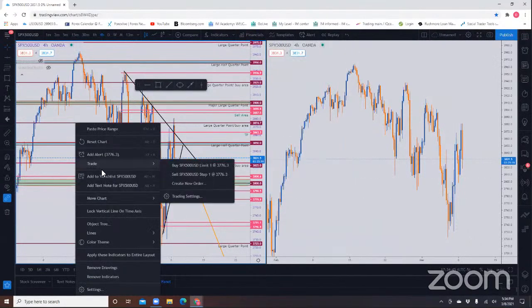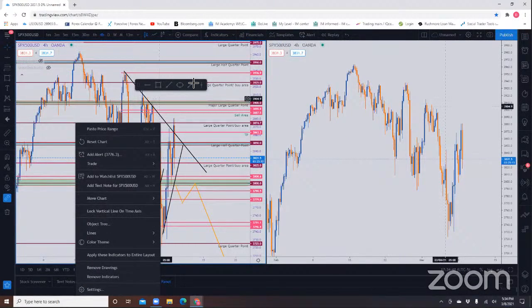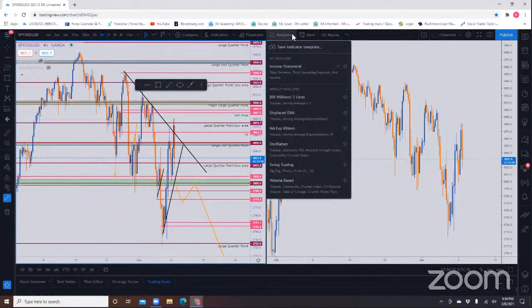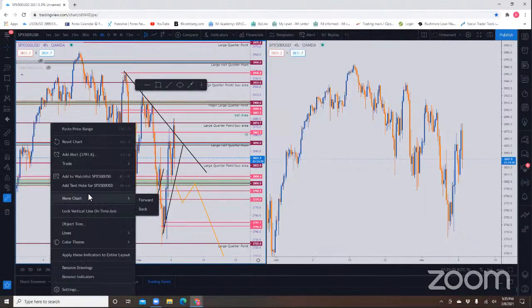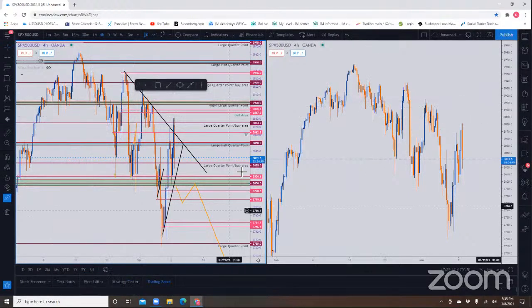Template. Yeah, only an indicator template. That's a good question because I'm pretty sure somebody else needed to know that too.